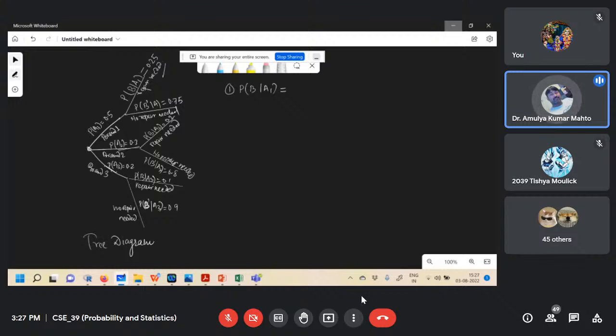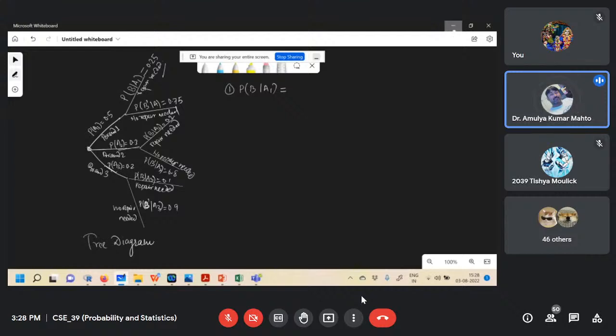What is the probability that a randomly selected purchaser has bought a brand 1 DVD that will need repair while under warranty? This is P of B given A1. Actually, this is a kind of AND scenario, that this is of brand 1 and needs repair. So let's calculate this first.